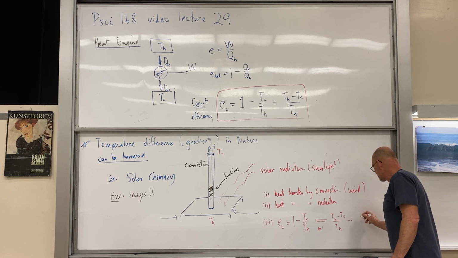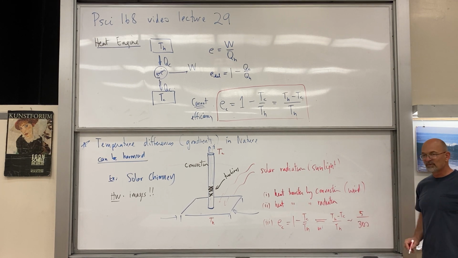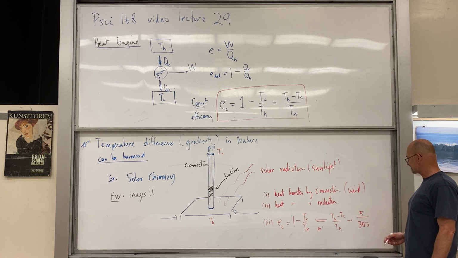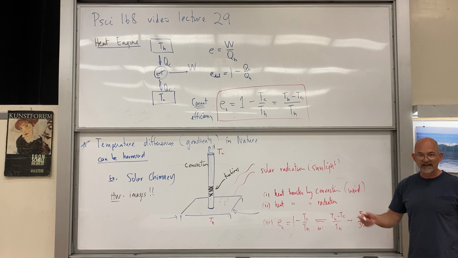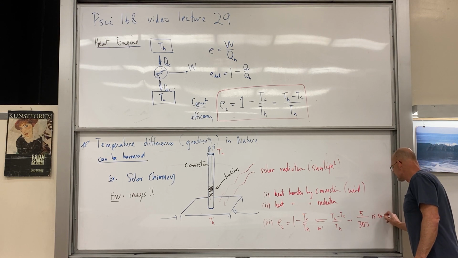So it could be, say, 5 would be a lot, divided by 300. And 5 over 300 is not a very big number, okay? It's like 1.5%, okay? So the efficiency is small.